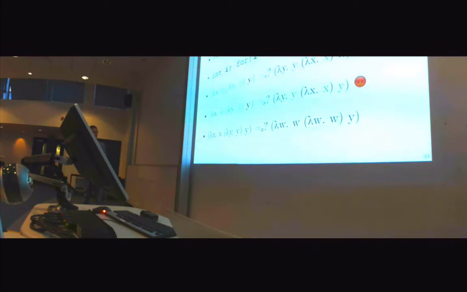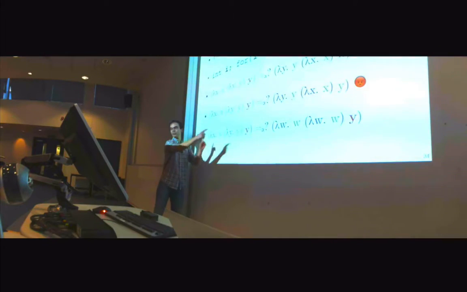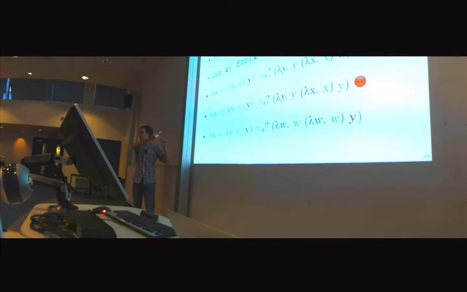Okay. So let's do our free and bound analysis again. So this is looking a bit better now because the free variables match up. But we can dig a bit deeper now, and what we'll do is proceed along the terms, starting from the left-hand edge of both terms, making everything match up. So we start with lambda x, and we start with lambda w over there. That's not the same, but perhaps we can make them the same.